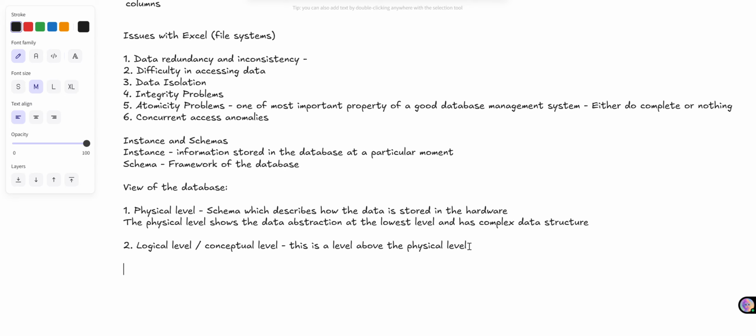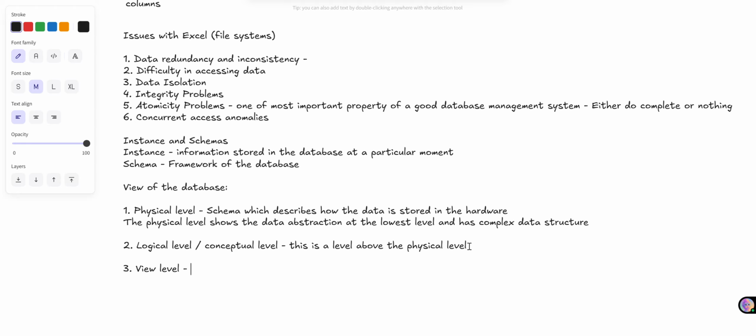Now what is the view level? There is something called the view level, which I talked about earlier. I thought the view of the database was the view level directly, but it is not. The view level is where you cannot modify or change anything, but you can only see the data at that particular instance.